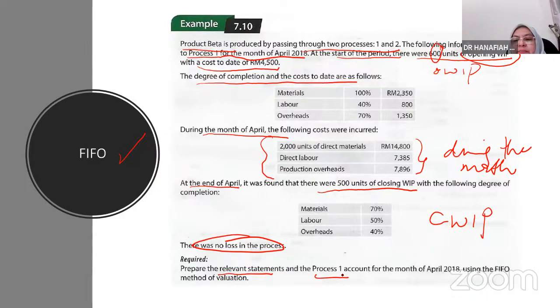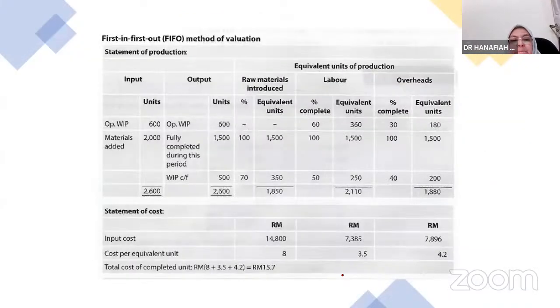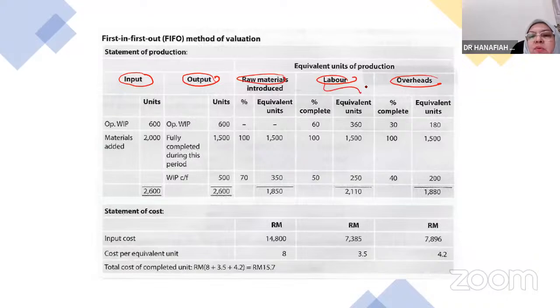Now, prepare the relevant statements for process 1. Let us look at how we need to prepare. This is the format. The first thing is the same as the previous one: you have input, you have output, raw material, labor, and overhead, and these two can be combined and we call it conversion cost. Look at the input column here.